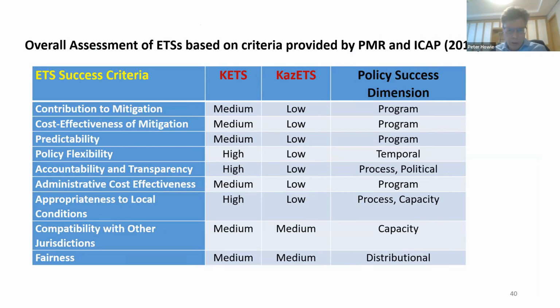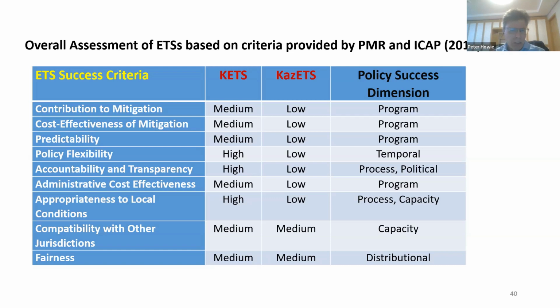So here what you'll notice is that in general, Kazakhstan has done poorly with respect to program, process, and political and capacity dimensions. And it's done medium well on distributional issues.